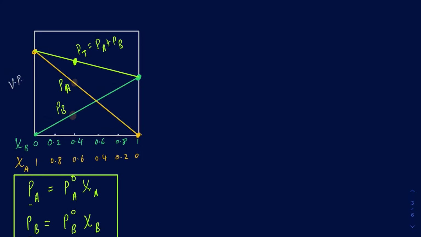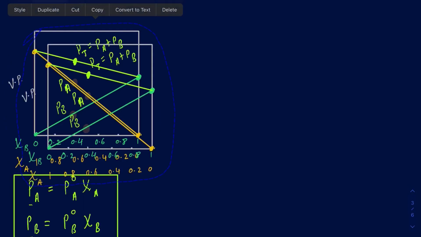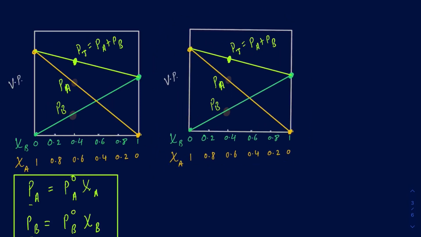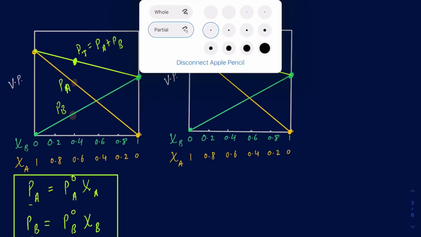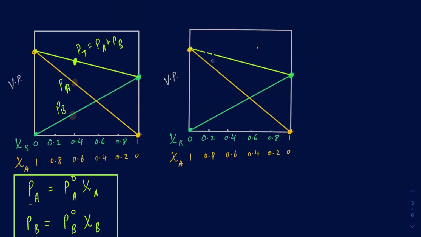So let me give you a couple of scenarios here. I'm going to copy this graph down onto right here. I'll take out a part of it momentarily. And ideally, this is how it should look. I'm going to make dash lines there.